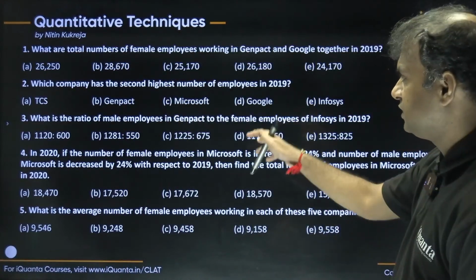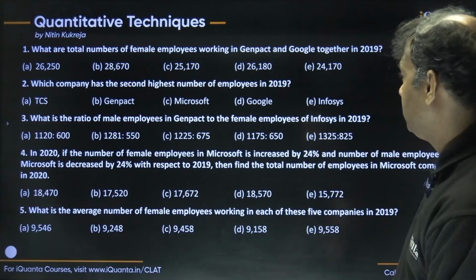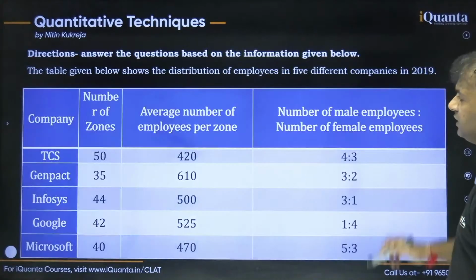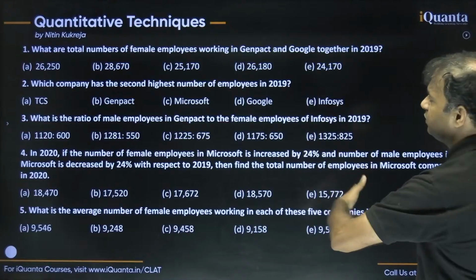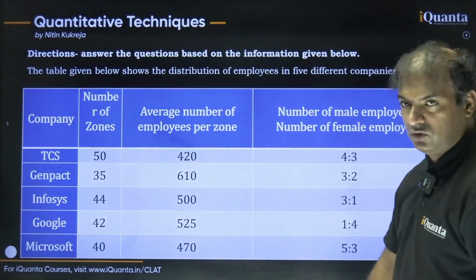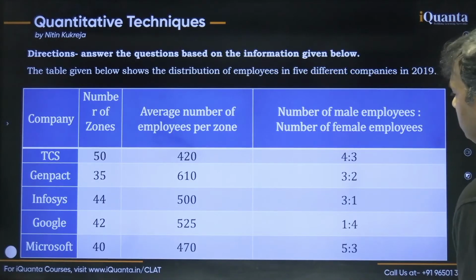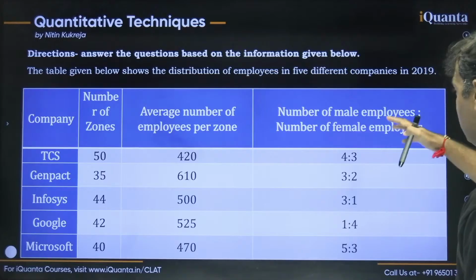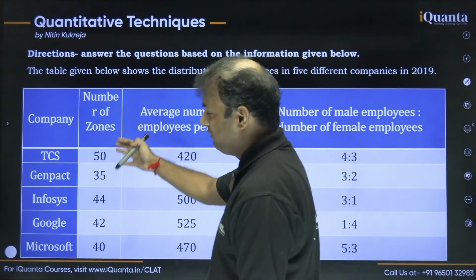The first question is: what is the total number of female employees working in Genpact and Google together in 2019? So we have to find the total number of female employees in these 2 companies. The data of 2019 is given already. Now how do we find the female or male employees? Remember, we have been given the ratio, the average employees per zone, and also the companies.